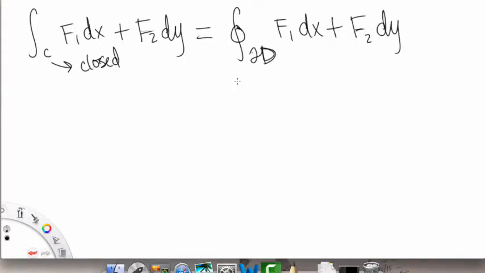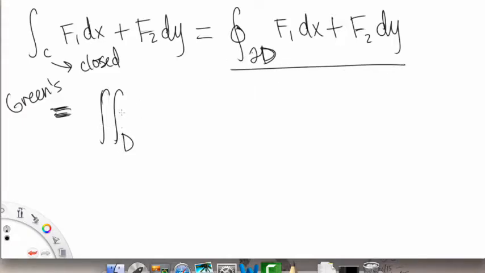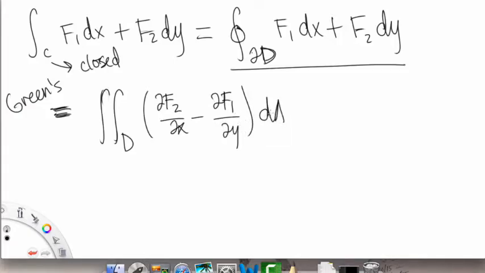So this is equal to, and here's where Green's theorem comes in. This equal sign comes from Green's theorem, and he said that this thing is equal to the double integral over the domain of the following: partial F sub 2 partial x minus partial F sub 1 partial y, and then dA.